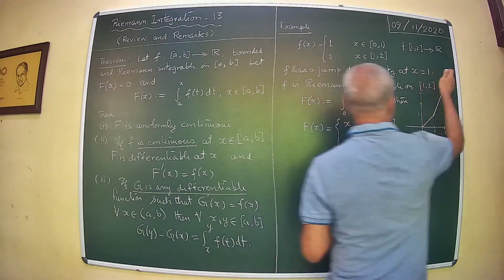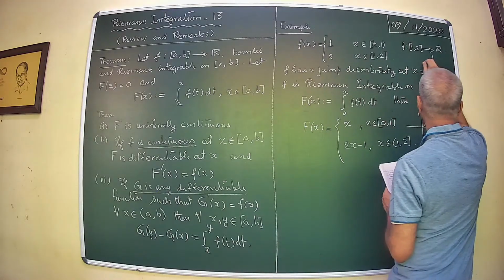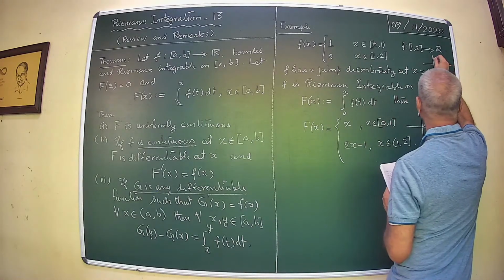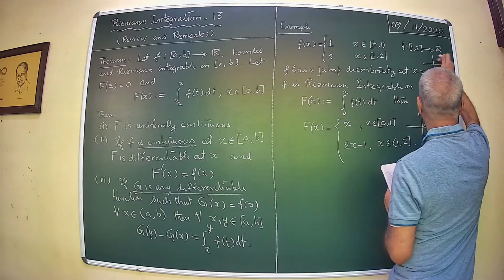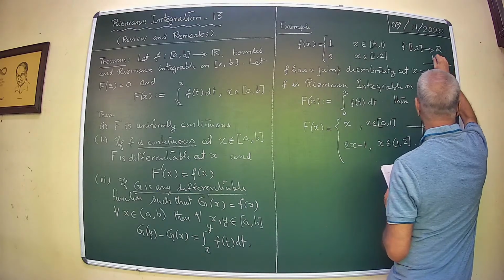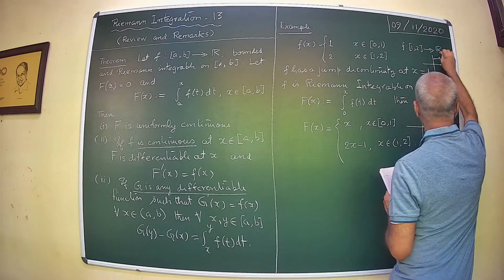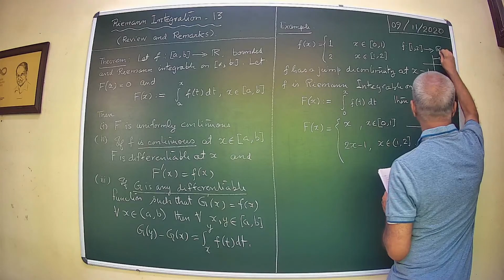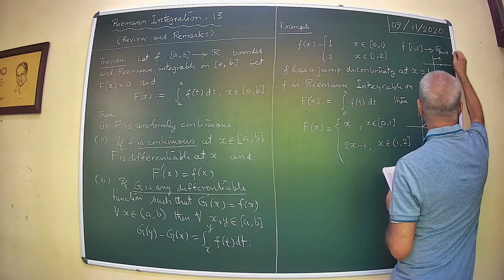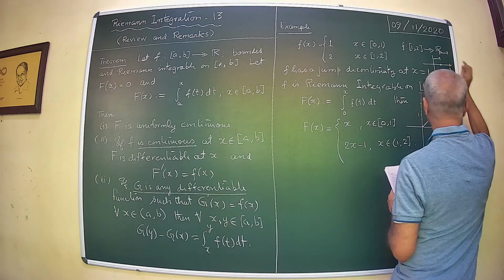So this function has the graph: it is 1 here, 1 over the interval, and then 2 over the rest.